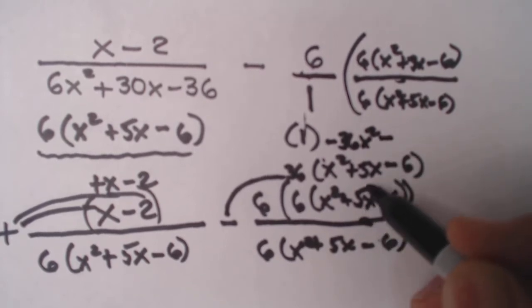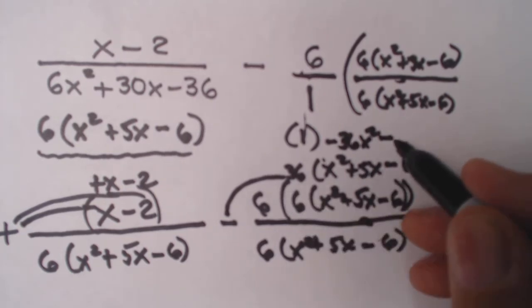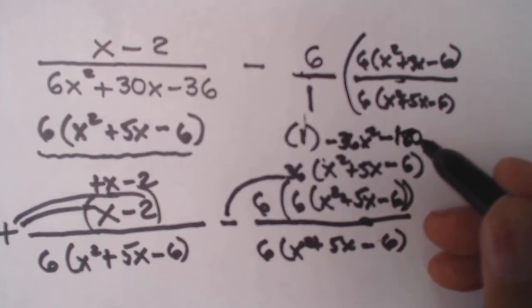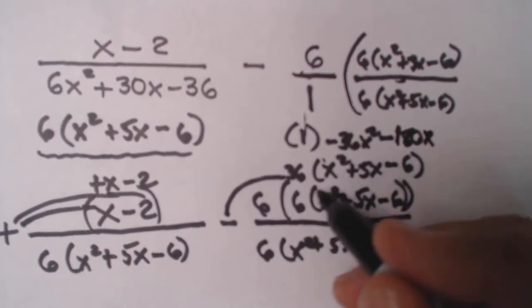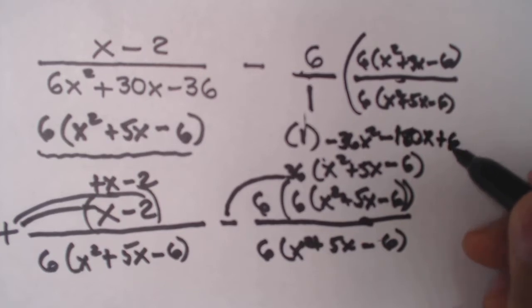Okay, and we've got the 5x here times 36 is going to give me what, I think 180. Okay, of the regular x's. Okay, and then minus x times minus 6 plus 6x.